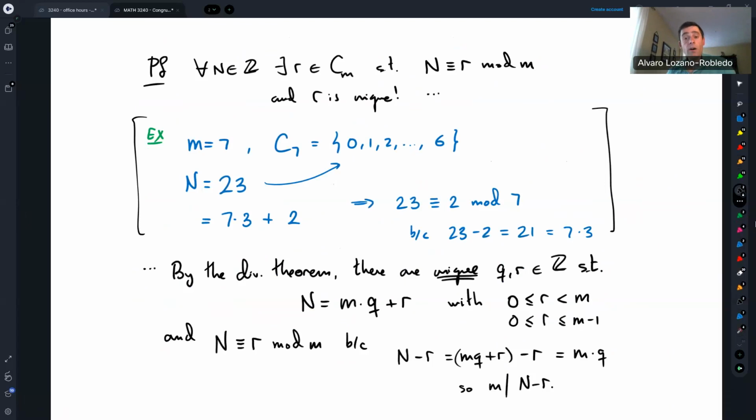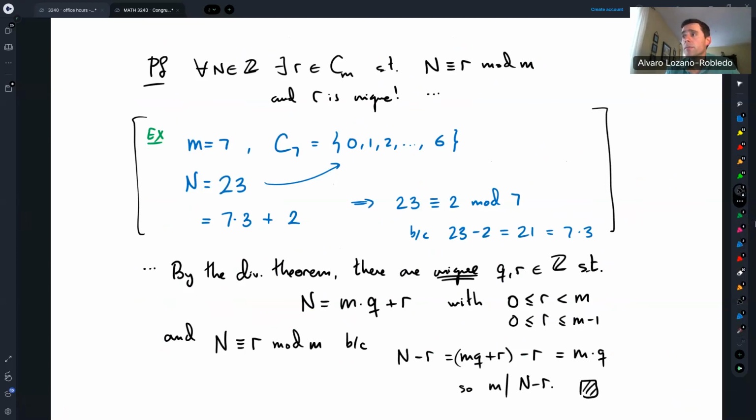And since r is unique in this way, it has to be the only one that works. Okay, great. So now we know how to find that remainder class.